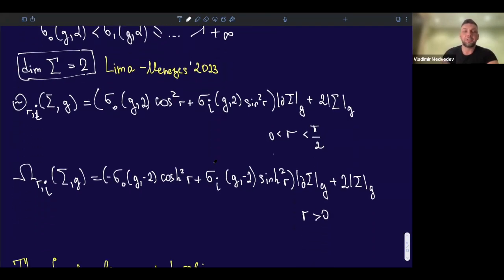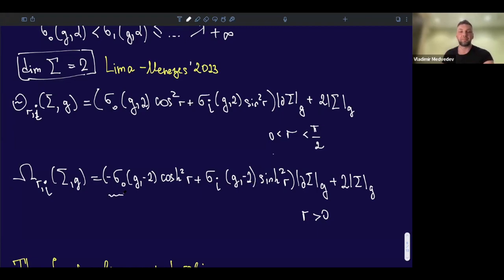And by analogy to it, you can introduce omega R I, when you take minus 2 in place of 2, and you replace cosine and sine by hyperbolic cosine and hyperbolic sine.